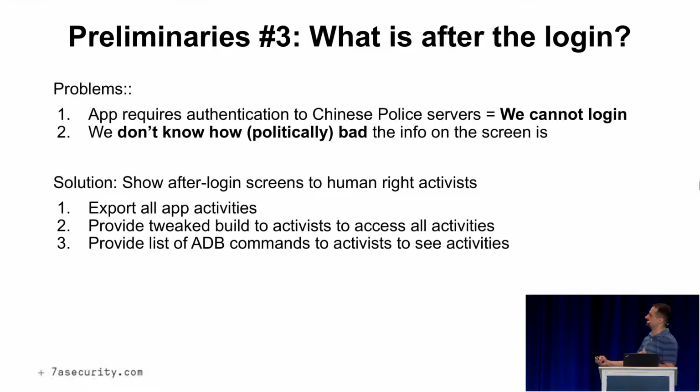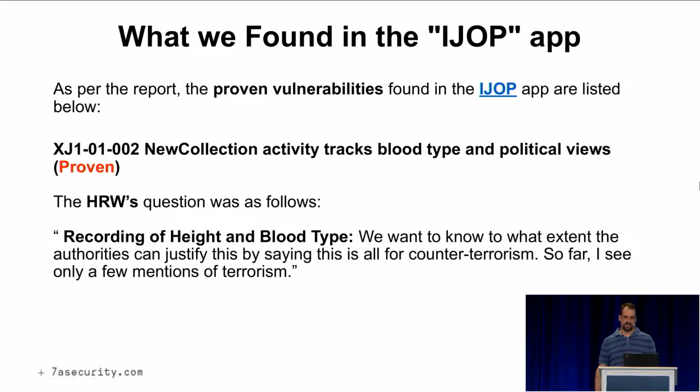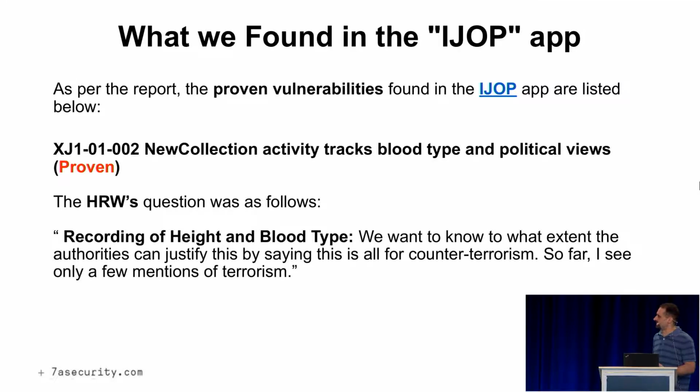So that's what we did, again with APK tool, but in this case changing the Android manifest, exporting all the app activities, just changing the manifest, export it to true, and then building it again. I also automated this a bit with a script to give them the adb commands so that they can invoke the activities, because they were not very technical, and with this they were able to look at the screens. We can look at a screen, but we don't have the human rights activist background to decide if that screen is bad or not, right? And they did, so that's why we did that.